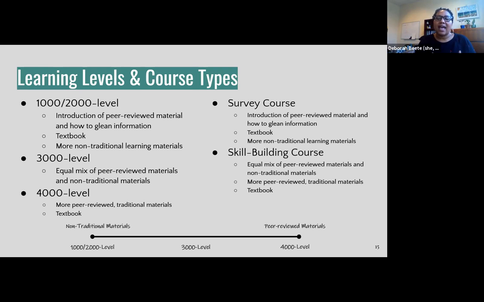I'm going to try to have more peer-reviewed traditional material. But even in those courses, I want some engagement with what is actually going on out in the field. And that might not allow me to always use something that is peer-reviewed. So I might then be relying on some of the other things that we've talked about previously.